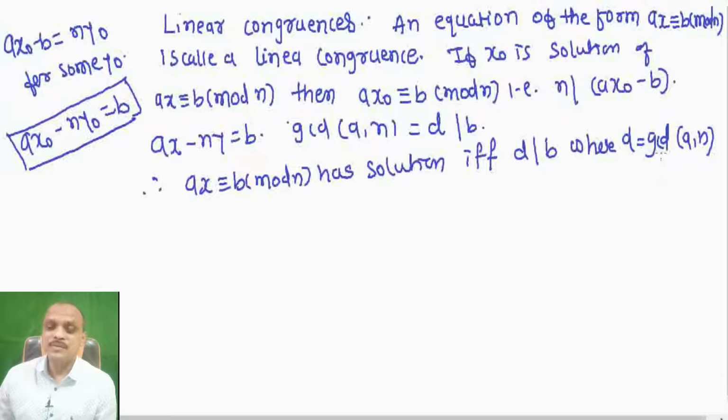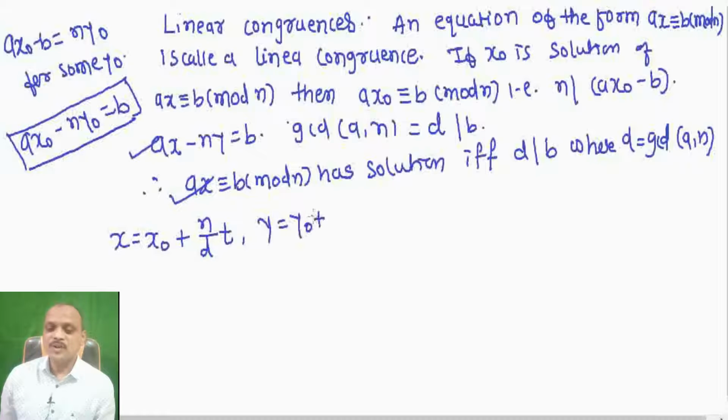This gives us a new statement. That means this congruence ax congruent to b modulo n has a solution if and only if this d is a divisor of b, where d is equal to gcd of a, n. Now all the other remaining solutions of this Diophantine equation, or ax congruent to b modulo n, are x equals x0 plus n divided by d times t, y equals y0 plus a divided by d times t.